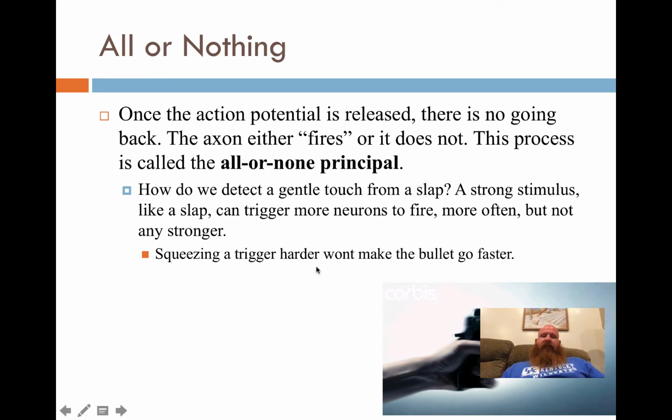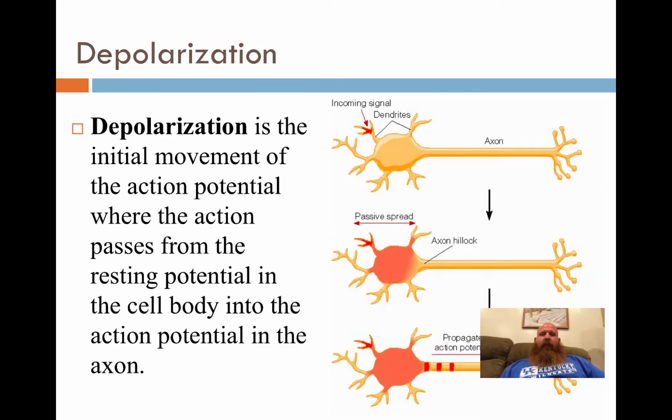As an example, squeezing a trigger harder won't make the bullet go any faster. Whether I do the slow squeeze or pull it like this, that bullet's going to go no matter what. But if I've got a big wall up here and I shoot one gun, the bullet hits the wall, I might make a dent. But if I've got 10,000 guns and I shoot them into the wall, that wall's going to feel it. It's going to make a big difference. That wall's going to fall. So again, that's an example of the all or nothing principle.